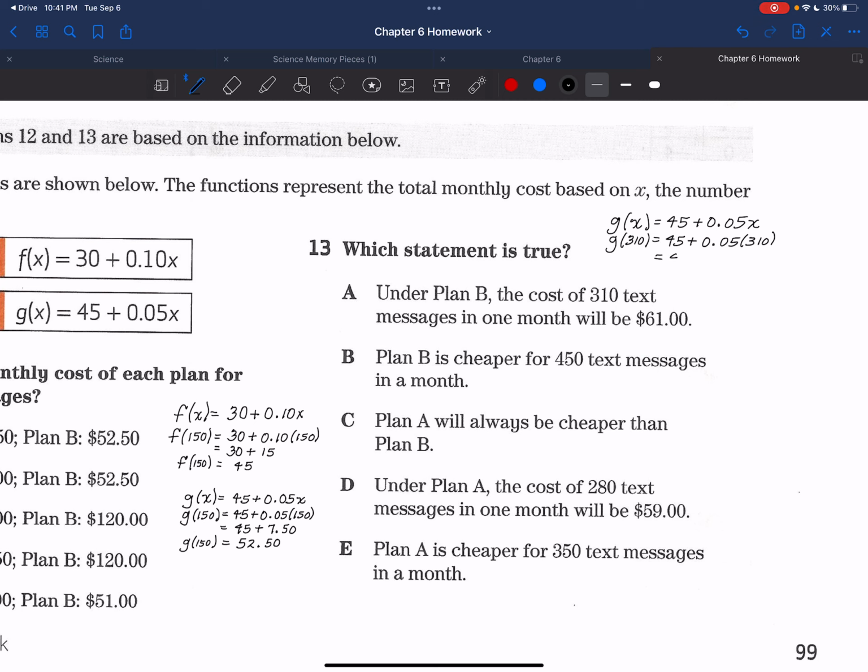So that will be $45 plus 310 times a nickel is $15.50. So that total cost is $60.50. So A is a false statement.